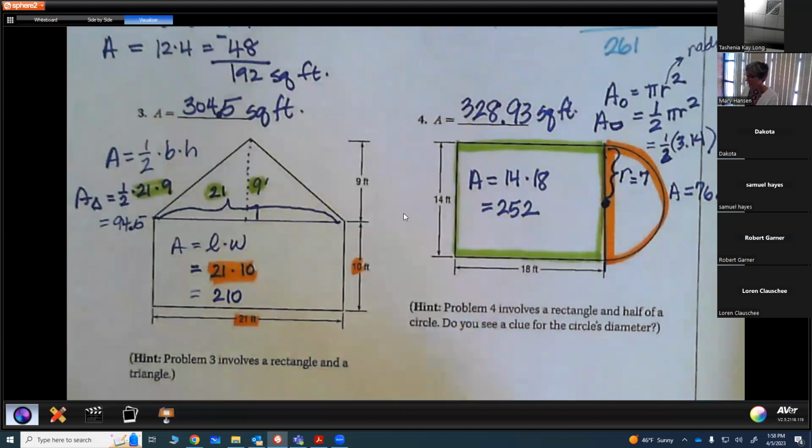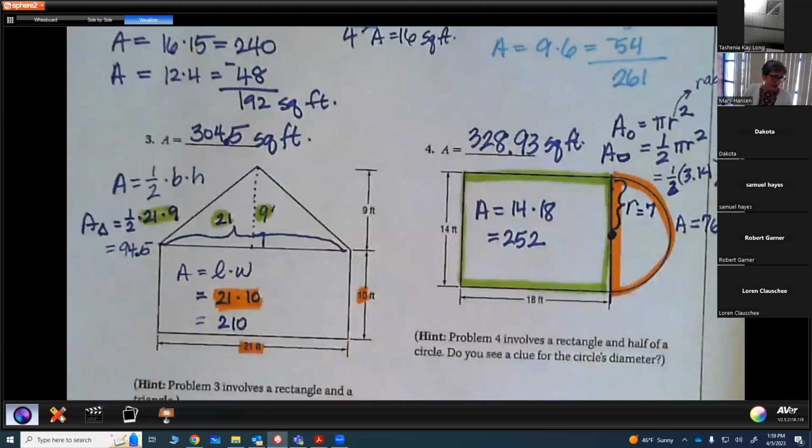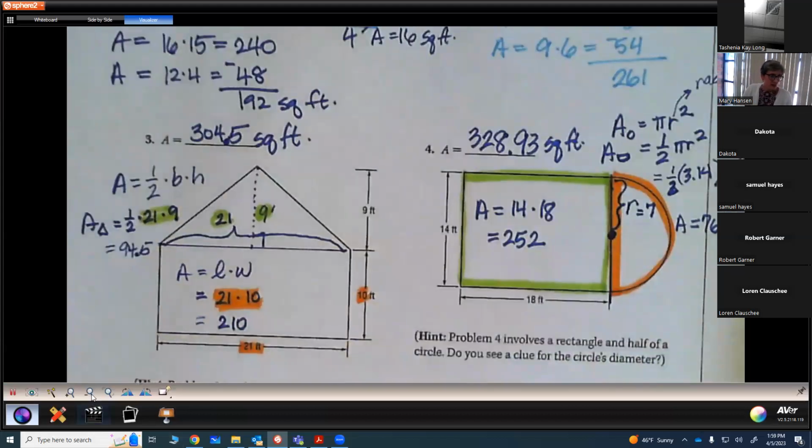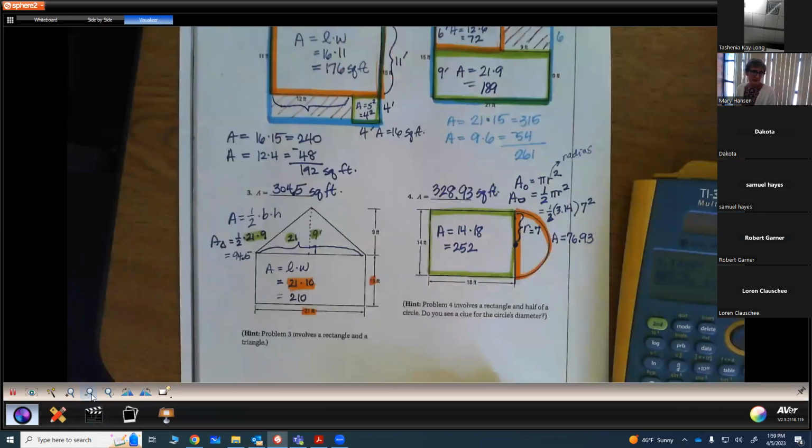It would be very unlikely that you would be given just a straight rectangle and asked, what's the area of this rectangle? It would be more likely to be a figure, what we call a composite figure. And all of these are composite figures. Composite just meaning it's several figures put together.